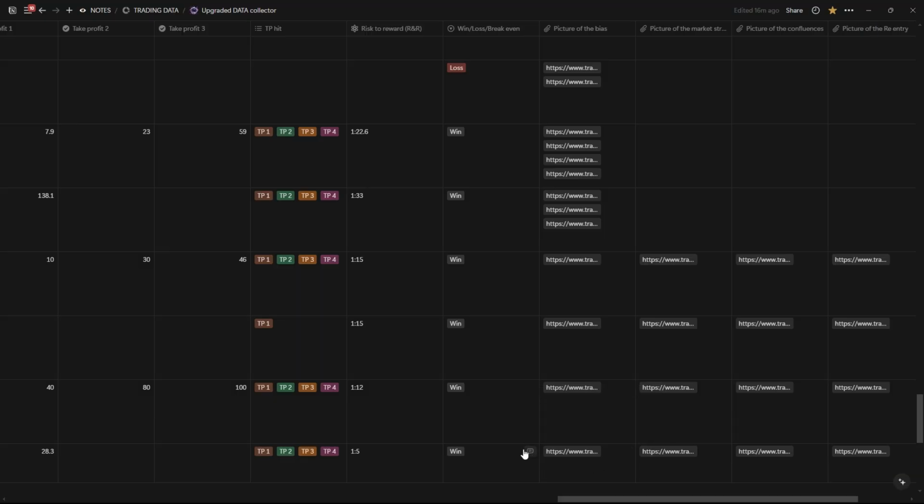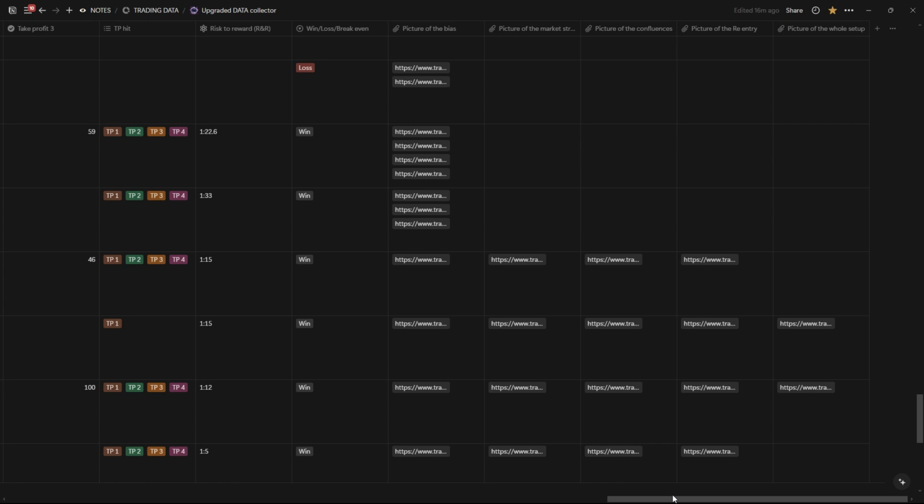And yeah, these are the things I annotate. You could also annotate a lot of other things, right? What I suggest you annotate as well, like I told you guys in the beginning, is the fair value gaps, the different terminuses you have, and the sell side and buy side liquidities you're targeting before and after.